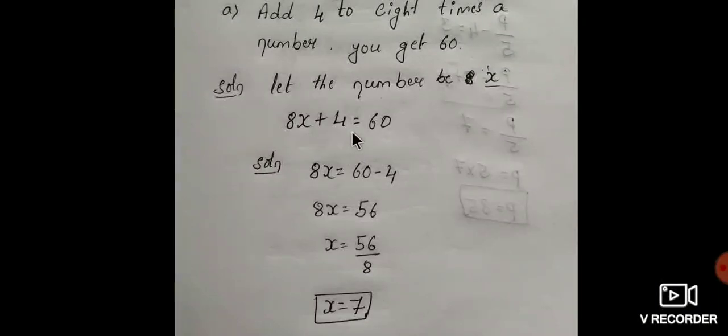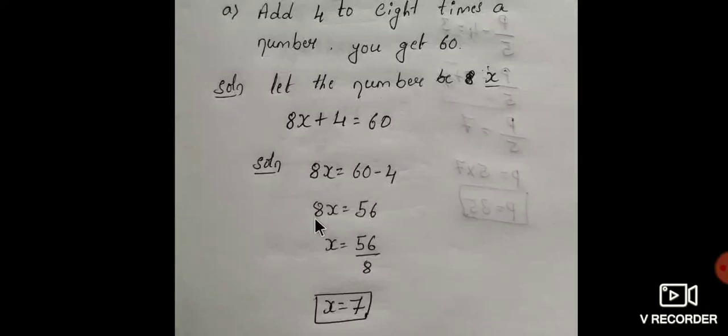In this one we should find the value of the unknown variable. So from left to right we have to move, from right to left we have to move. First we should shift this plus 4. If we shift this plus 4 from LHS to RHS, it becomes minus 4. That is 8x is equal to 60 minus 4, so 8x is equal to 56.